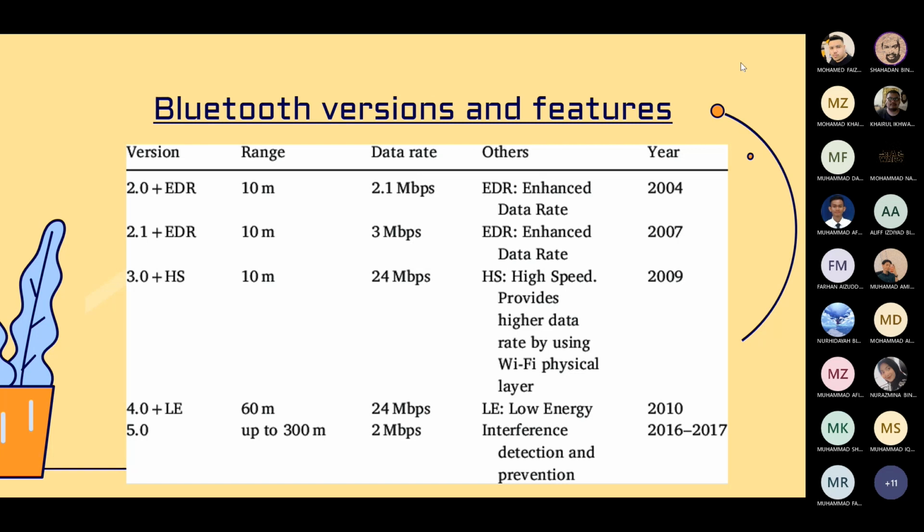The range is 16 meters and the speed is 24 Mbps, and it is low energy, developed in 2010. And the last one is 5.0. It is up to 300 meters for the range and the speed is 2 Mbps, and it has interference detection and prevention. It was developed in 2016 to 2017.